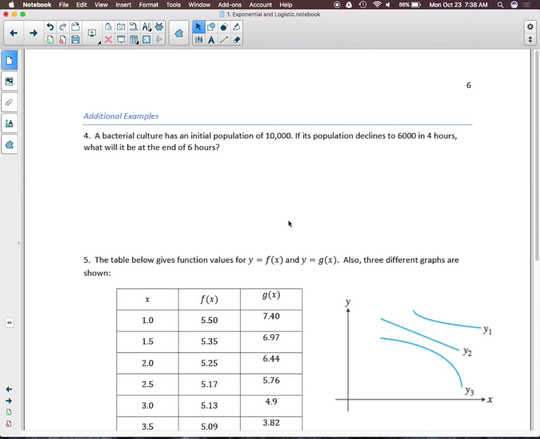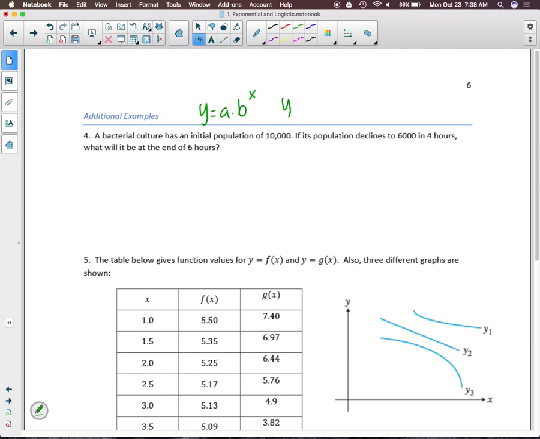So let's think here. Bacteria culture, initial population 10,000. The population is declining to 6,000 in 4 hours. We want to figure out what it will be after 6 hours. So I'm going to use the a times b to the x equation for no particular reason other than I don't really care what the rate is, that r value.